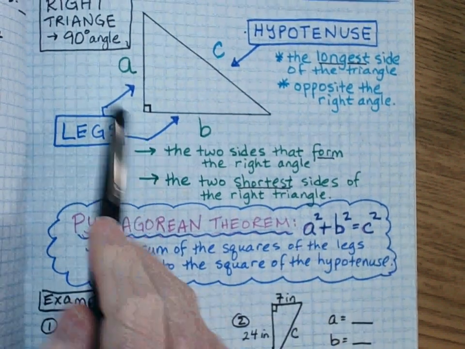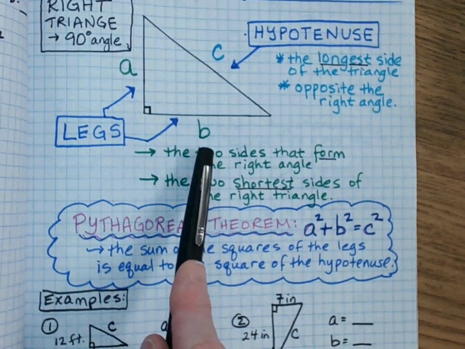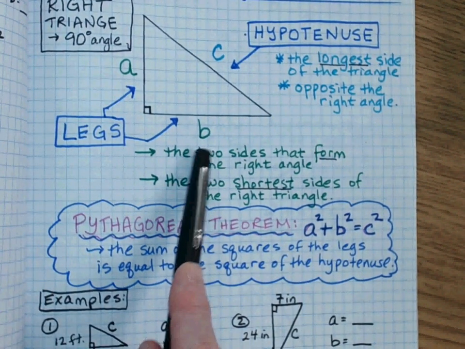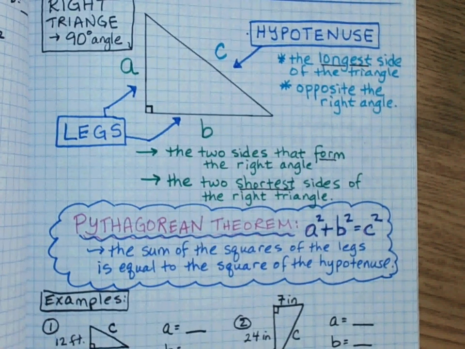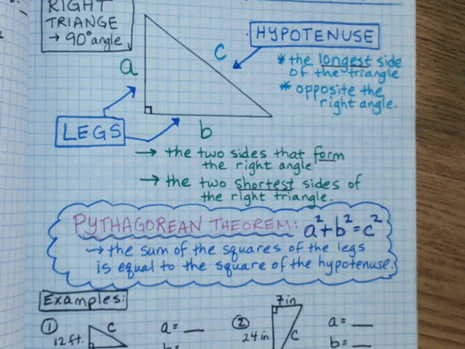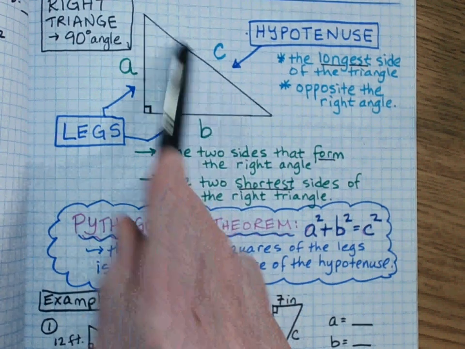A is the length of one of the legs, B is the length of the other leg, and C is the length of the hypotenuse. And the Pythagorean theorem states that the sum of the squares of the legs is equal to the square of the hypotenuse.